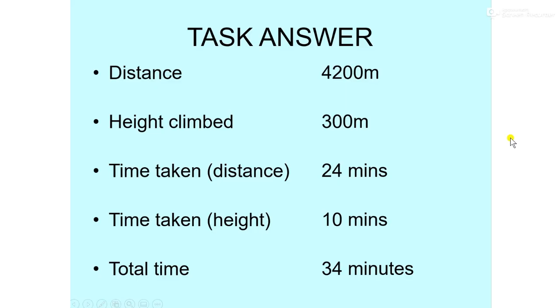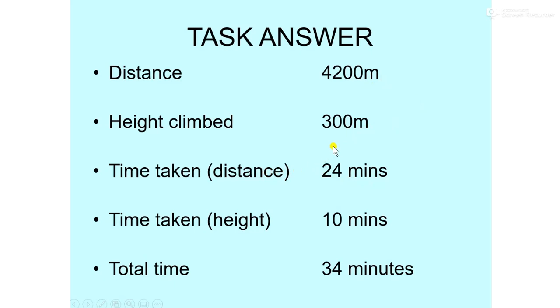Now the actual measured distance using my map software came out at 4,200 meters, but as I said, we're going to round that down to 4 kilometers just for the purpose of this exercise. So 4 kilometers at 6 minutes per kilometer. 6 fours is 24, so 24 minutes for the distance. And then we said it was going to be 300 meters climbed.